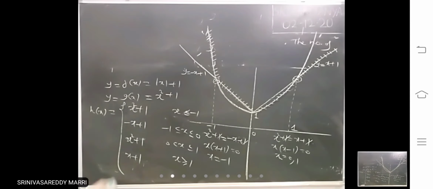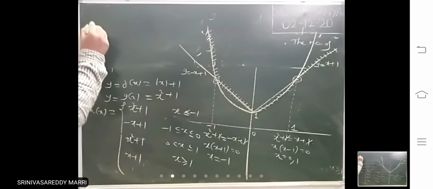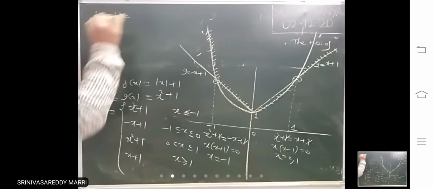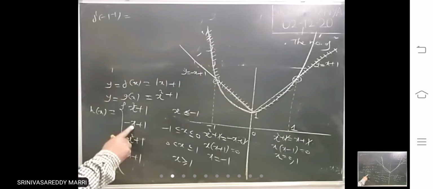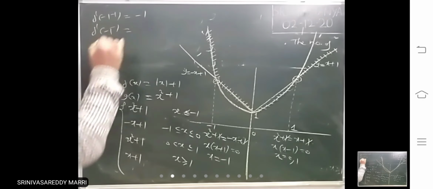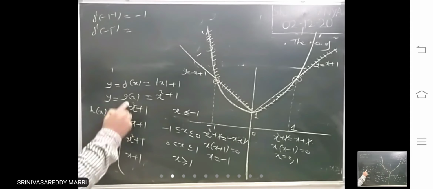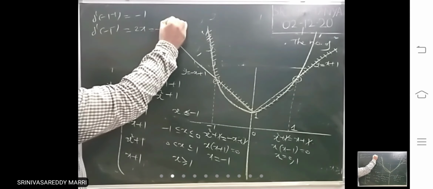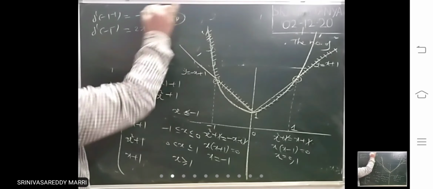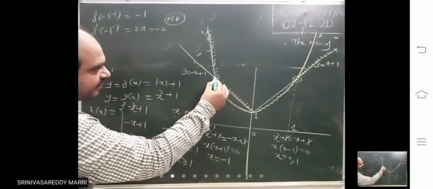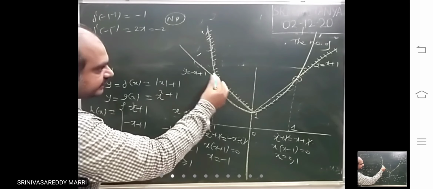Look at. So now at minus 1. Minus 1 plus derivative is what? Minus 1. Minus 1 minus derivative is what? 2x. So therefore not differentiable. Not differentiable at x equal to minus 1. That means at this point it will not be differentiable.